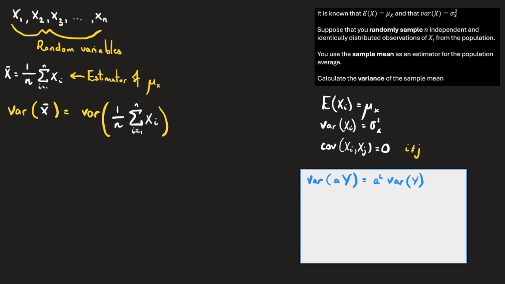Now in this case, 1 over n is a constant multiplier of the sum of the xi's. 1 over n is not a random variable. It doesn't vary across samples. It just is a fixed value, so we can take that outside of the variance, and we can rewrite this as being equal to 1 over n squared times the variance of the sum of the xi's.